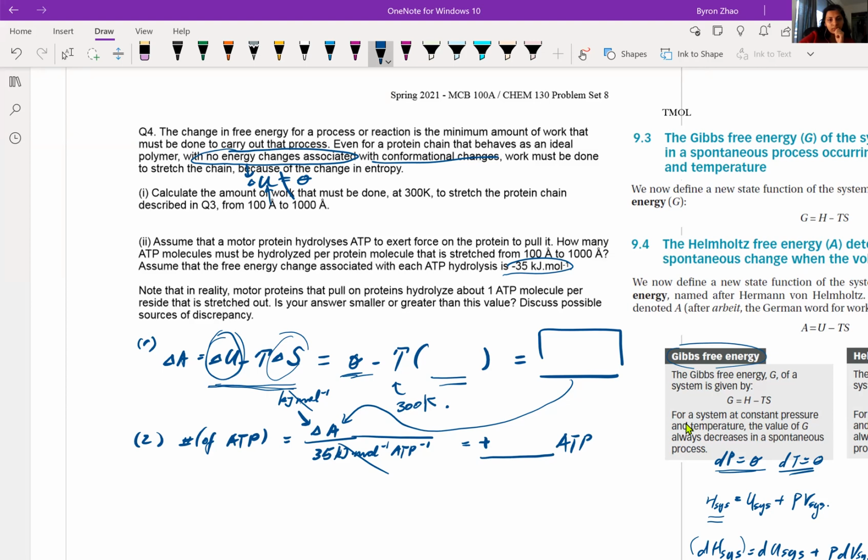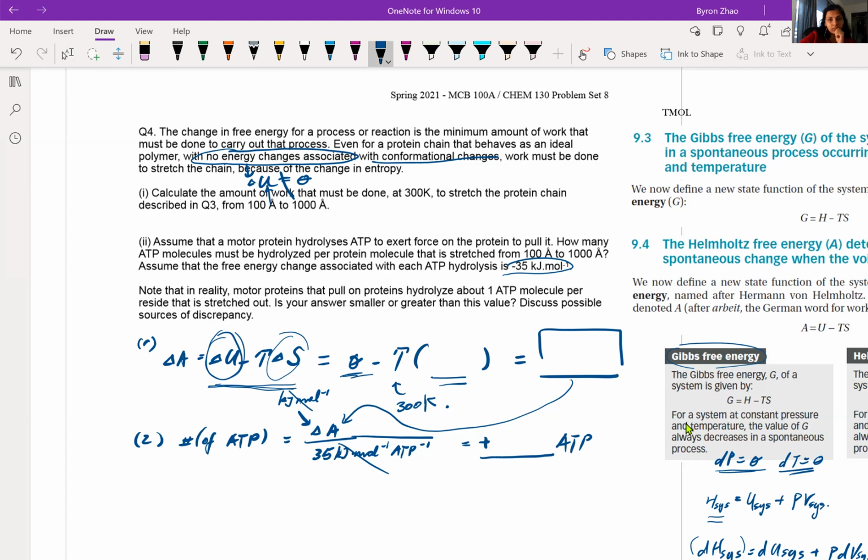Awesome. So again, in this question, the only thing we're considering is the change in entropy, which is disorder, right? The change in disorder, not energy. Basically, if you stretch the protein longer, are you decreasing or increasing the entropy?